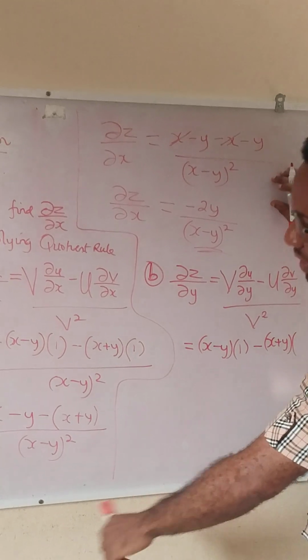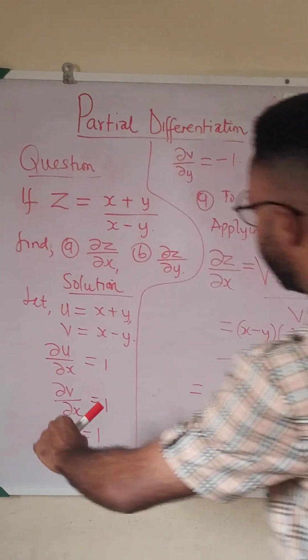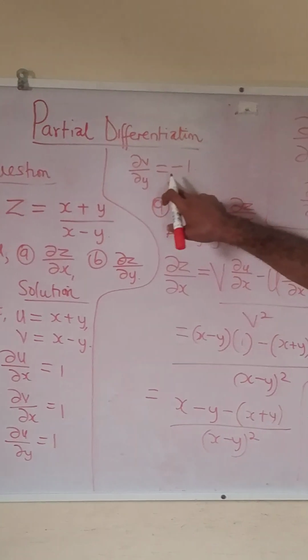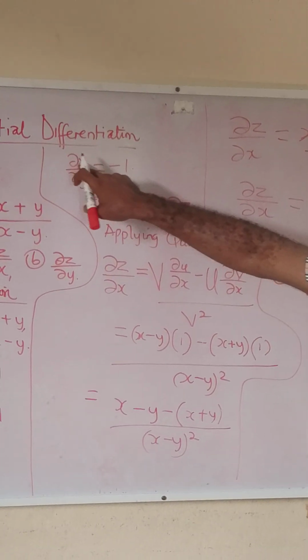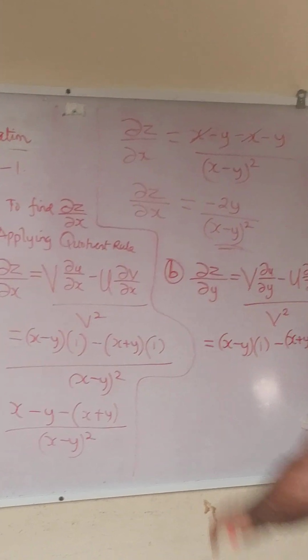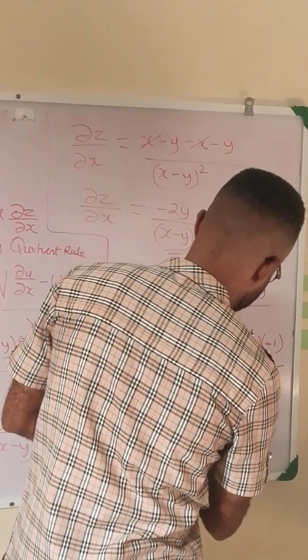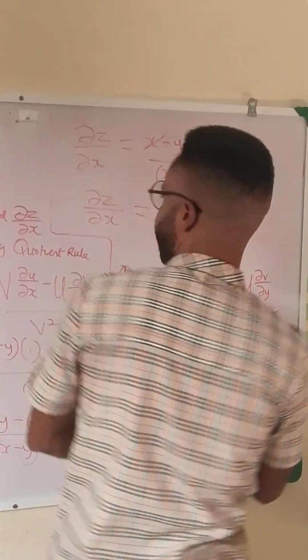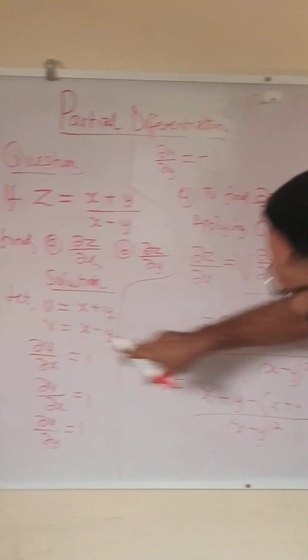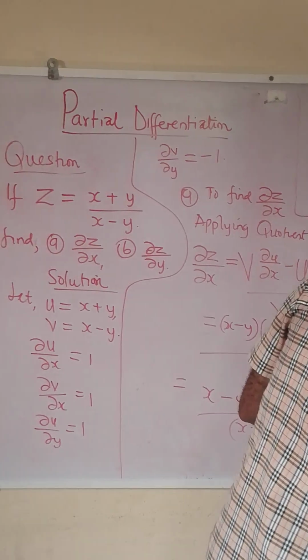And the change in v with respect to y, that is partial derivative of v with respect to y, is minus 1. We close our bracket, all over v squared, and this is our v, so the square is going to be x minus y all squared.